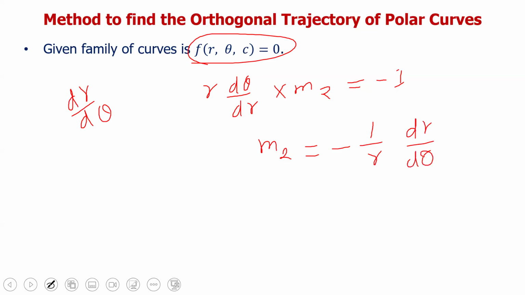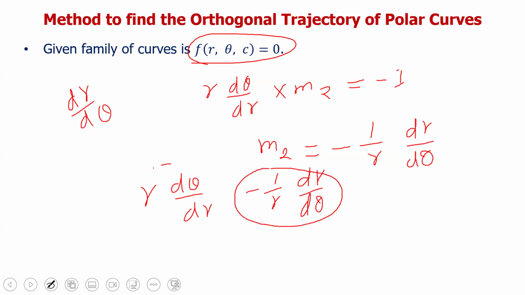So on one side we have r dtheta/dr, and on the other side we have minus 1 upon r dr/dtheta. Now, if you want to replace dr/dtheta, what will happen?